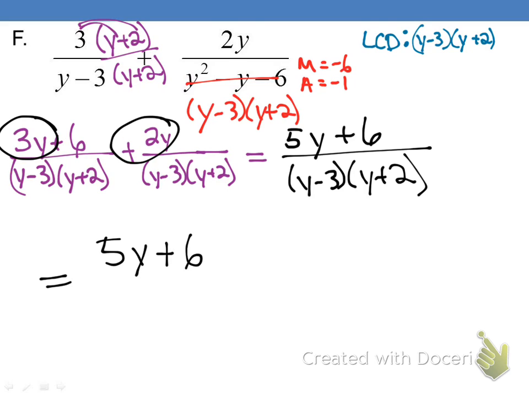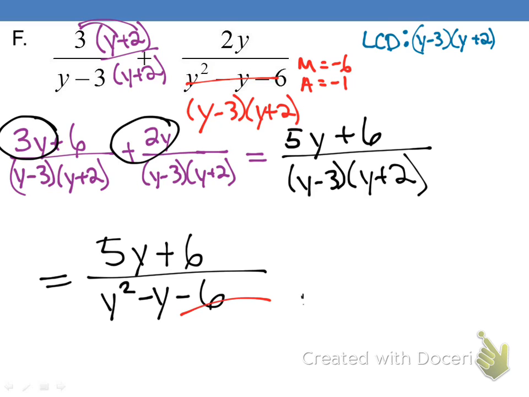Do you remember what it was before we factored it? What was it? Yeah, so if you started with y squared minus y minus 6, and you factored it to get your common denominator, when you multiply it back out, you should still end up with this, or you factored it wrong.